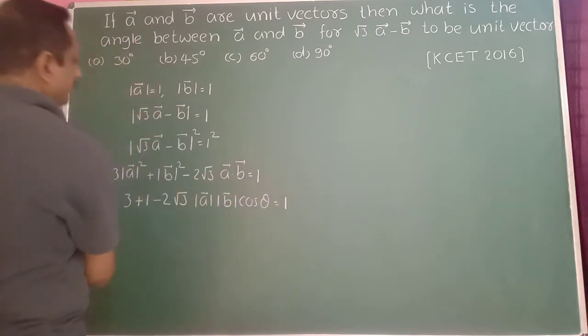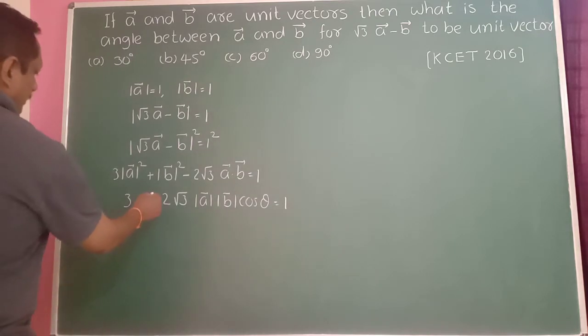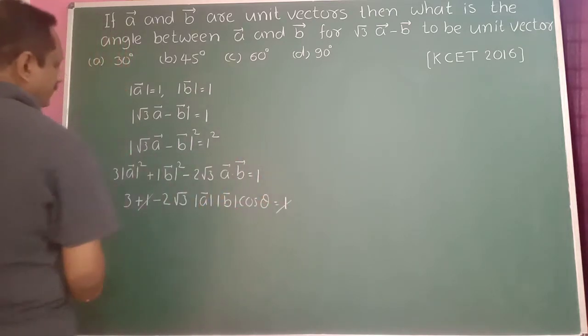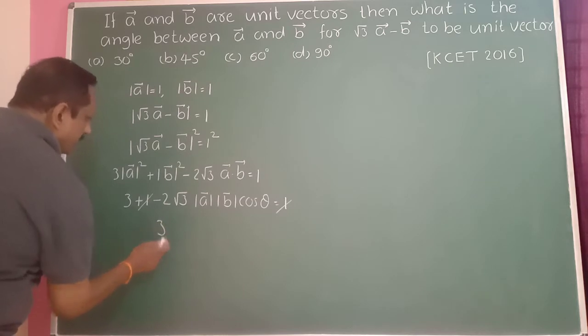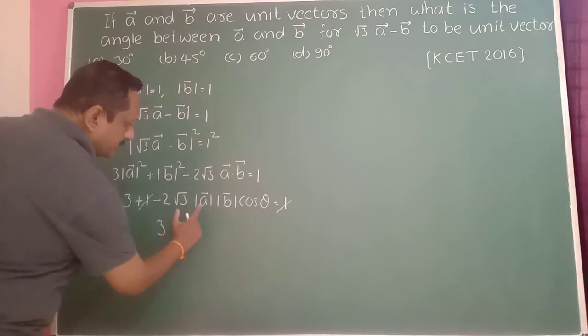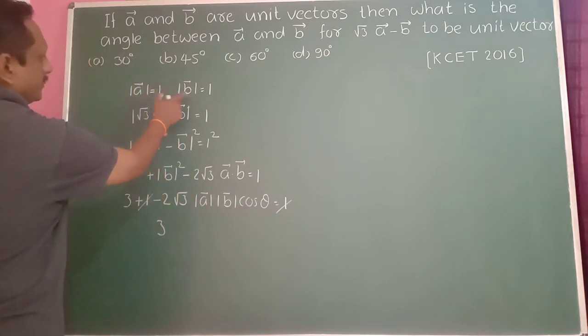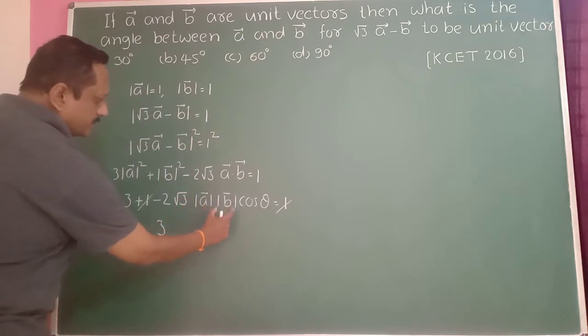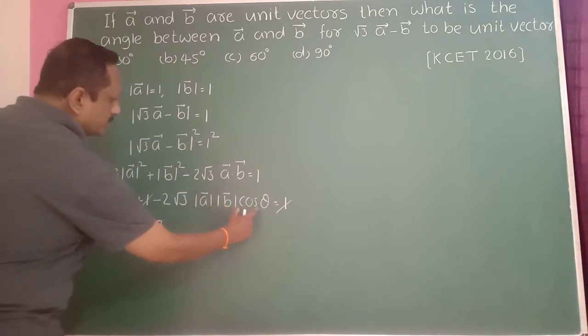is equal to 1. Therefore this one and this one cancel, so write here 3 and take this term to the right hand side. This is 1, this is also 1, because these are unit vectors. 2 root 3 into cos theta, take right hand side.